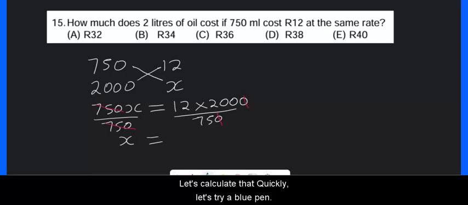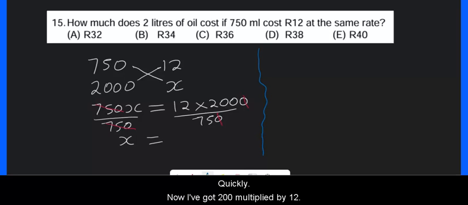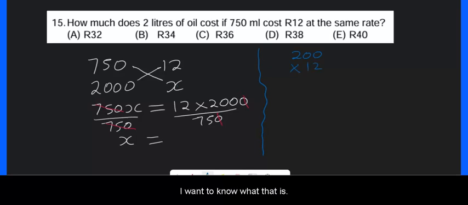Let's try a blue pen quickly. Now I've got 200 multiplied by 12. I want to know what that is. 2 times 0 is 0. 2 times 0 is 0. 2 times 2 is 4. And then 1, I bring the 0 first. 1 times 0 is 0. 1 times 0 is 0. 1 times 2 is 2.